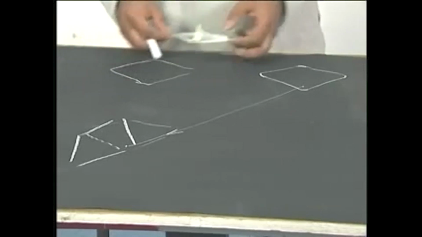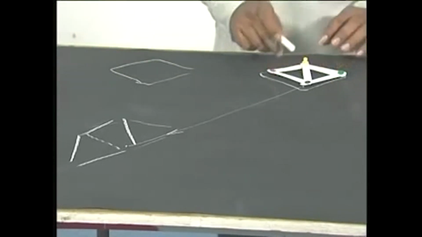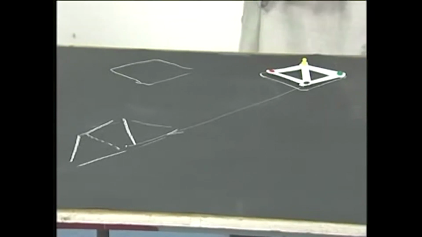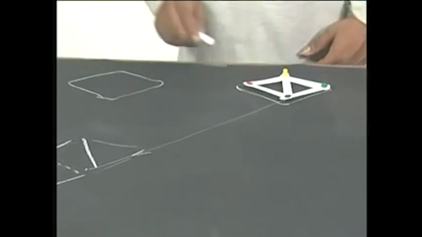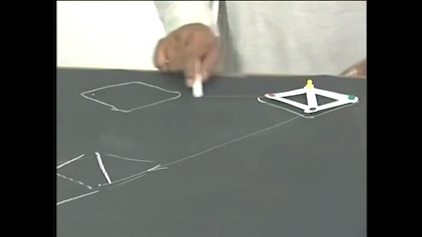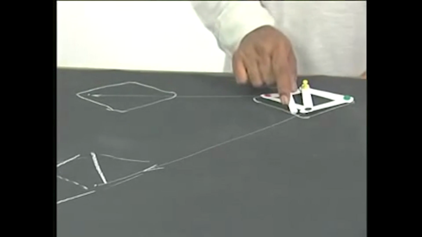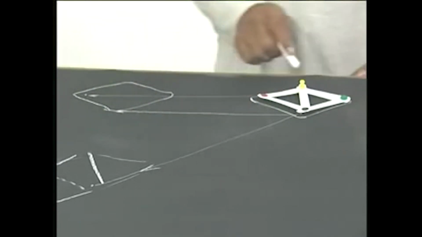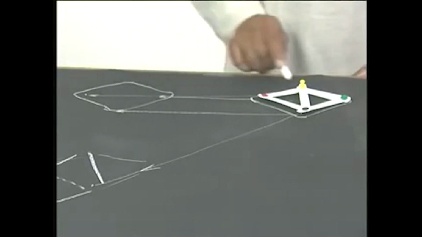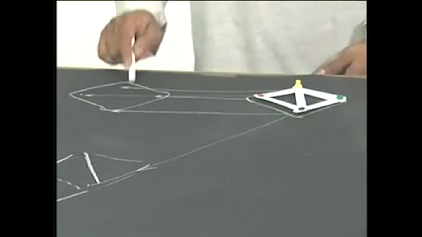This is the black point, red point, yellow point, green point. If you look at what is happening here, the red point has moved to this position. Black point has moved to this position, green point has moved to this position, and yellow has moved to this position.